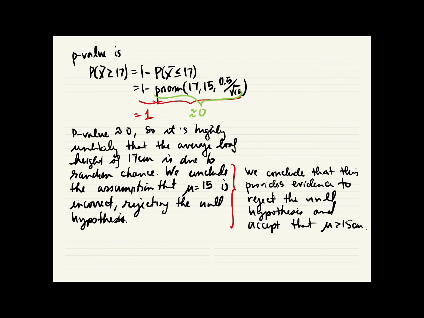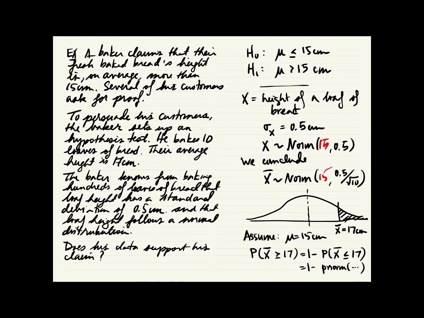The one last thing that I would say is that here in the example, the baker claims to know that the standard deviation of loaf height is 0.5, right? He claims to know some information about the distribution of all loaf heights. If we were doing this problem and you didn't know that, but you had a sample standard deviation, you would proceed in exactly the same way, except instead of using a z distribution, the normal distribution, you would use a t distribution, a student t distribution, and you have 9 degrees of freedom.